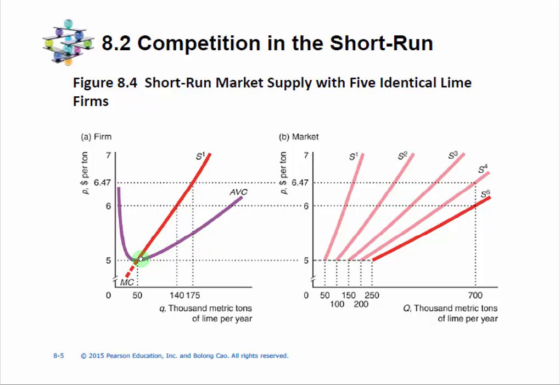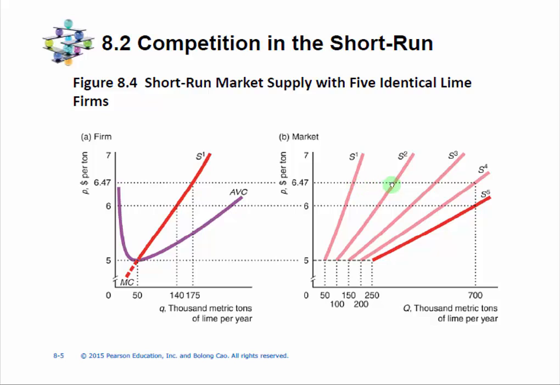Once we have derived the short-run supply curve by a single firm in a competitive market, we can assume the simplest situation that every firm in the market is identical to one another. Then we can derive this market supply curve. Here we just, again, add the quantity supplied horizontally at different prices.